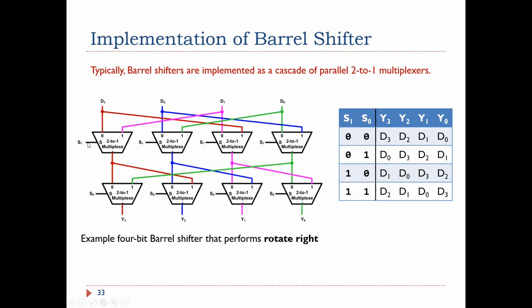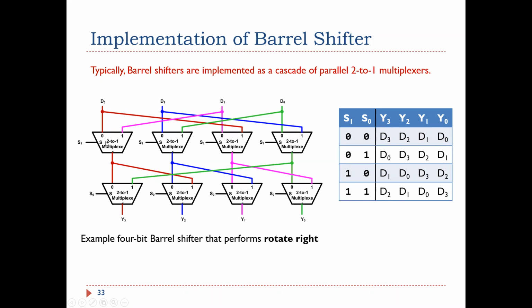If the switching input is 0, it selects input 0, the first input. If the switching input is 1, it selects input 1, the second input. So if you put 0 in the switch, it selects this one, and if you put 1, it selects this one.